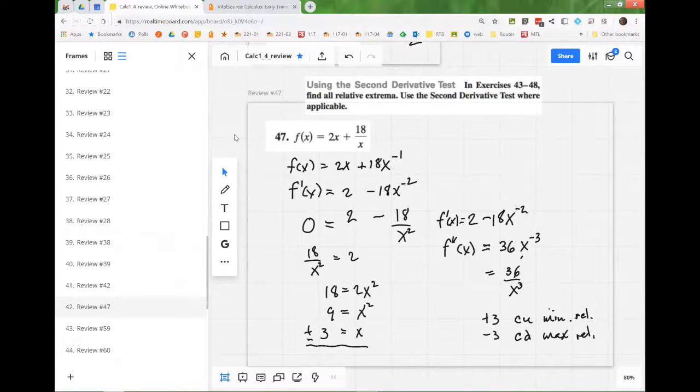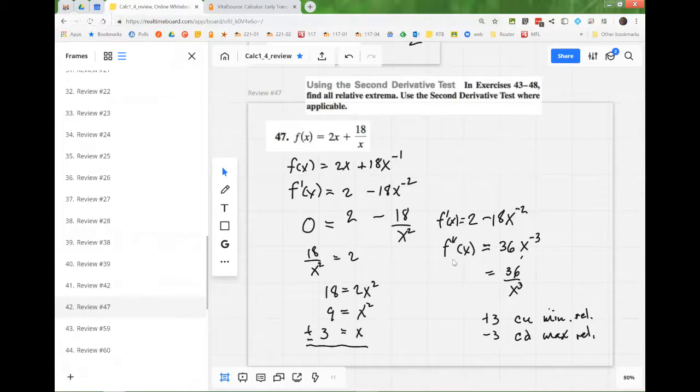The first derivative is pretty easy: 2 minus 18x to the negative 2, which is 2 minus 18 over x squared. When is that 0? When 18 over x squared equals 2. Add 18 over x squared to both sides: 2x squared equals 18, x squared equals 9. So at plus and minus 3 we have extrema.